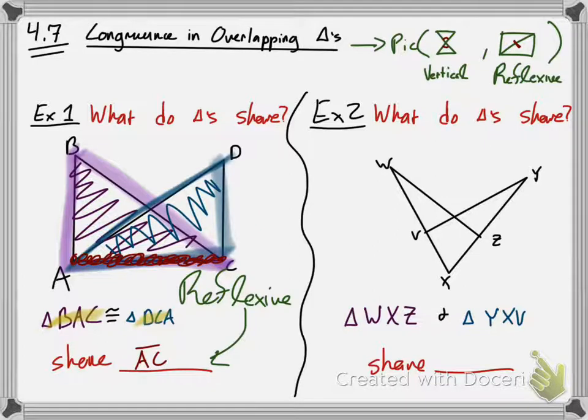Okay, for our second example, again, we have these triangles that are overlapping, so they can be sort of confusing. We want to highlight the 2 that we're using. So the first triangle, WXZ, is this left-hand triangle. Our second triangle will be YXV, our right-hand triangle.